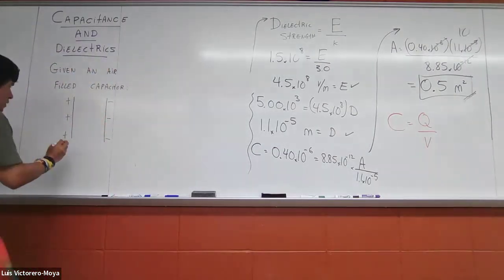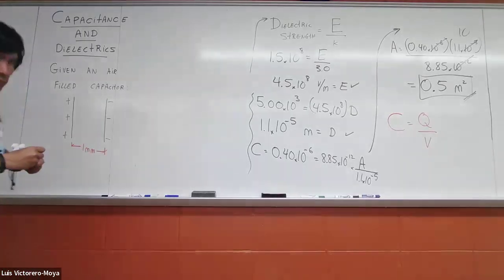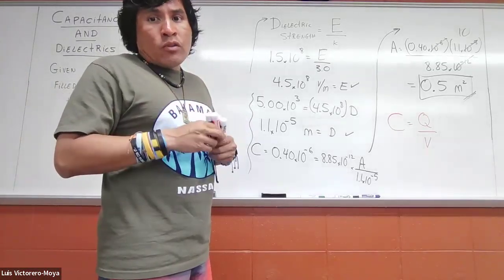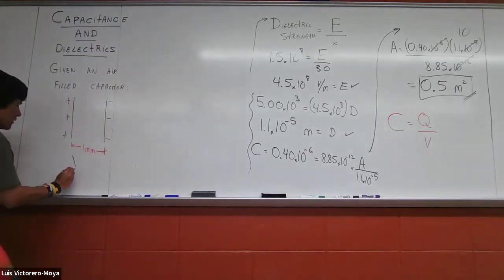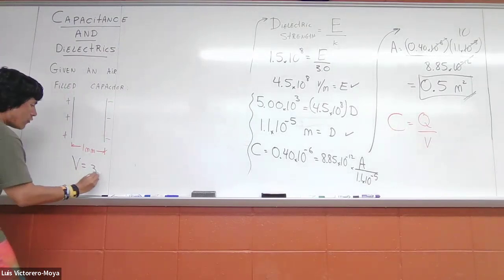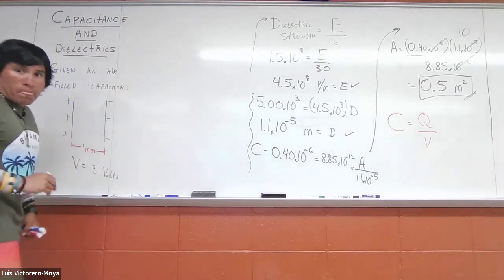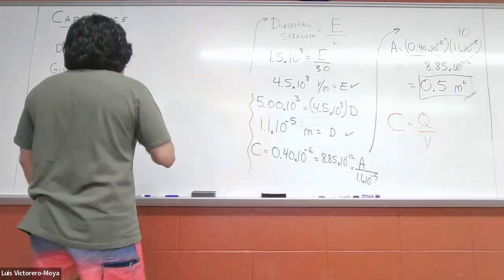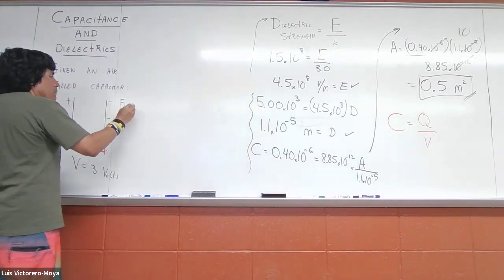So this distance here is of 1 millimeter. And it says that the voltage between the plates is of 3 volts. Find the surface charge density. So find sigma.